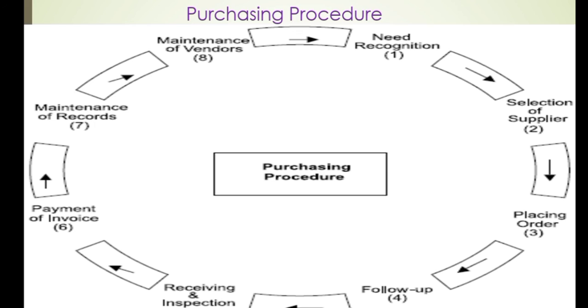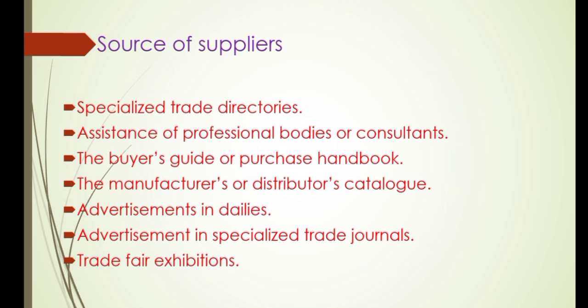We can take this from specialized trade directories, assistance of professional bodies or consultants, the buyer's guide or purchase handbook, the manufacturer's or distributor's catalog, advertisements in dailies like business journals, advertisements in specialized trade journals published by the manufacturers, and finally the trade fair exhibitions.